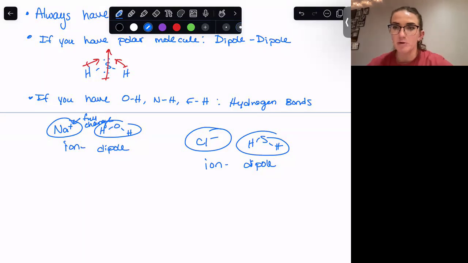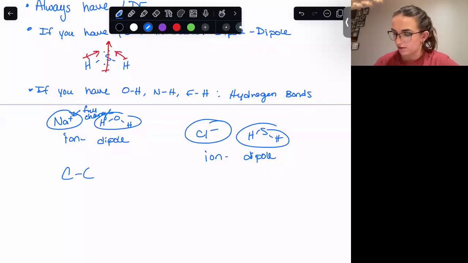But only dipoles come from the bonds between two elements, and then the lone pairs screw up the symmetry of the atom, creating the overall dipole moment. Bonds that make nonpolar molecules are the same element bonded to each other, like carbon attached to carbon, or carbon attached to hydrogen.